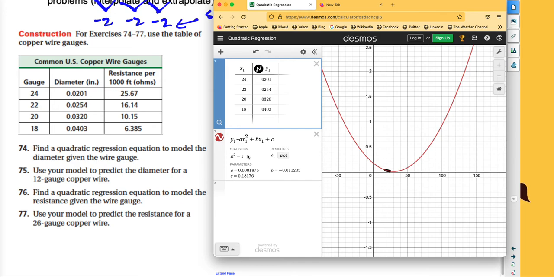Does anybody remember what the R-squared is for? Because you're going to have to answer that on the test. How much of a curve it is? Okay. It represents how perfect of a parabola your points make, how perfect of an equation. Apparently these points make a perfect one. The number can only go from 0 to 1.